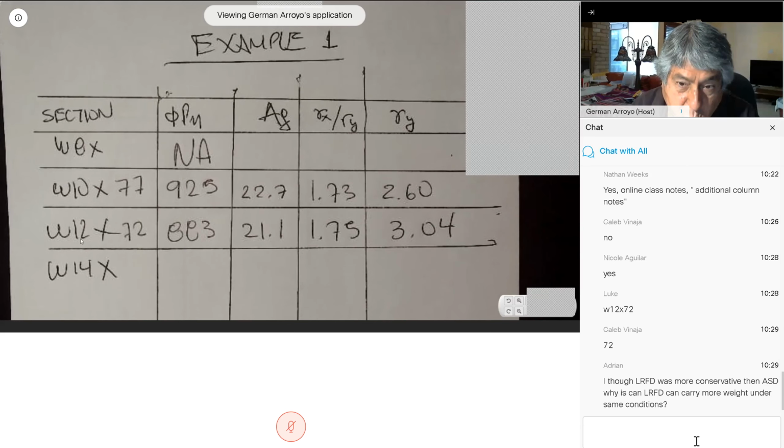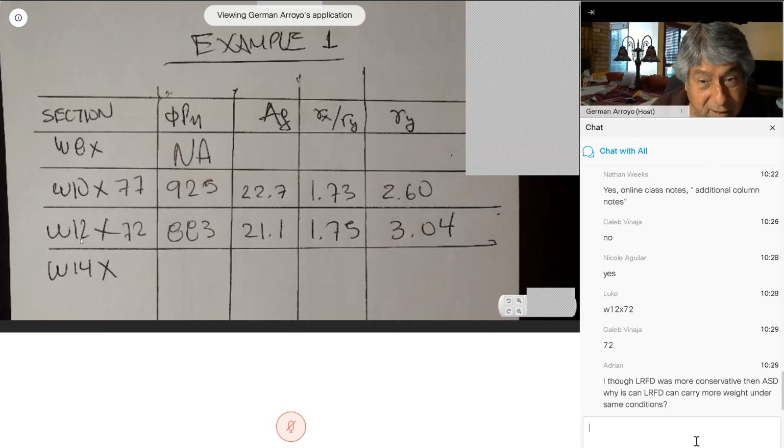That's why the numbers are different. But you cannot compare, and this is a good question. We cannot compare LRFD directly with ASD because one uses factored load, the other one uses the service load or unfactored load. But whenever you find the section, you compare the section. The W12 by 72 should be the same. Any other question?